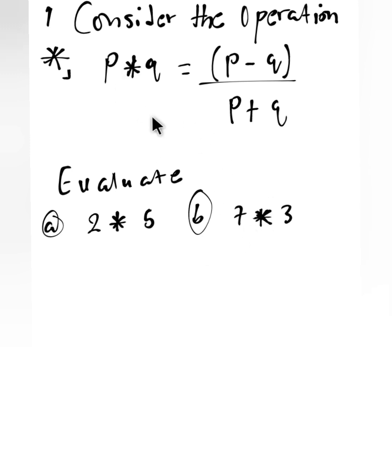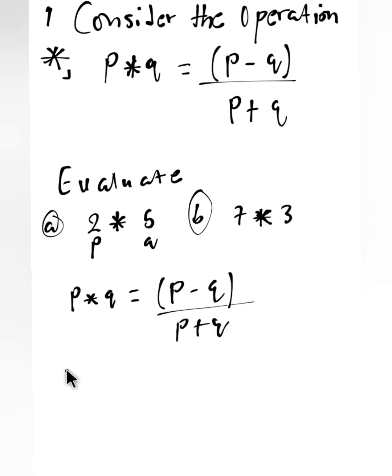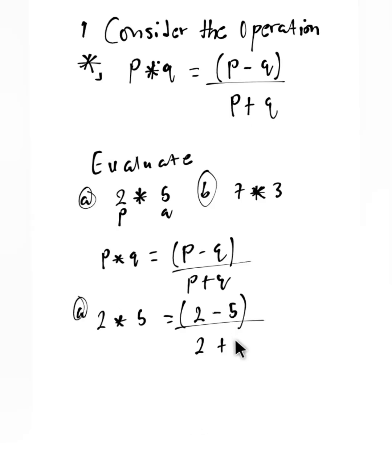So since we already know what star stands for, it becomes easy. To solve this, we just assume that 2 is P and 5 is Q. Remember that P star Q is equal to P minus Q over P plus Q. So 2 star 5 will give us 2 minus 5 all over 2 plus 5, and this gives us minus 3 all over 7.